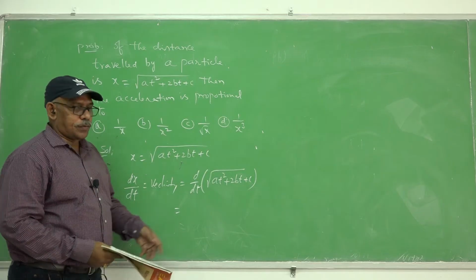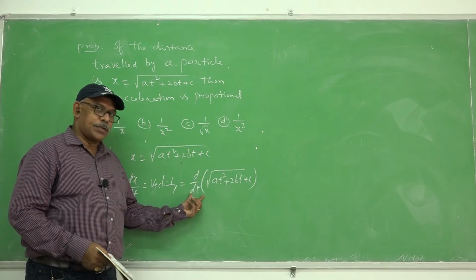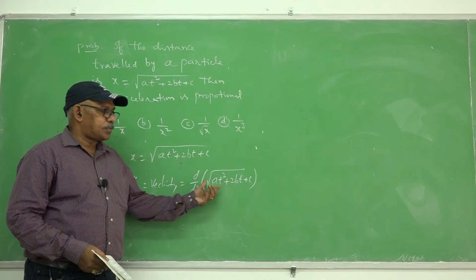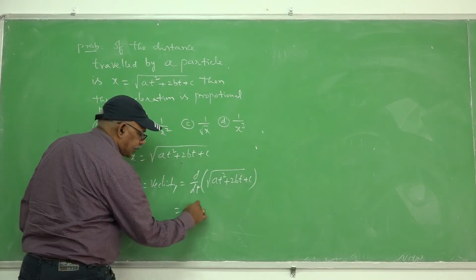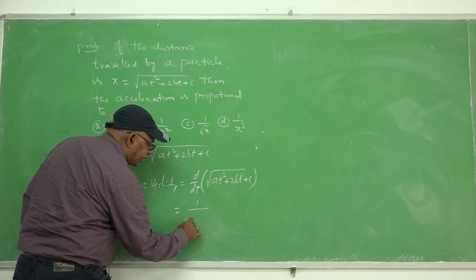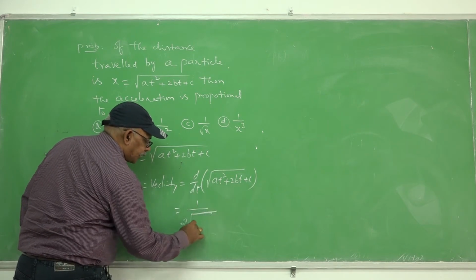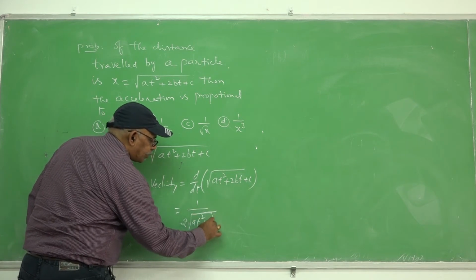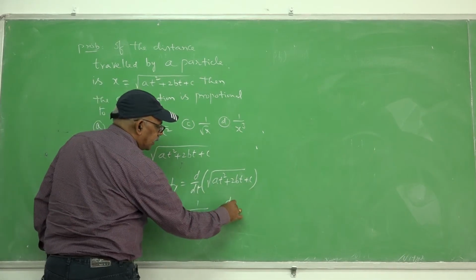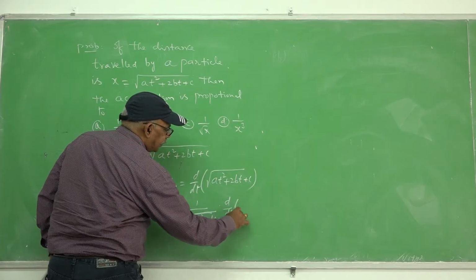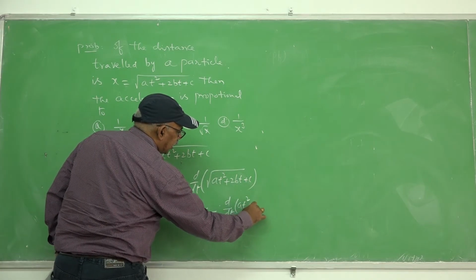Since it is a function of t and we are taking the derivative with respect to t itself, by the function of function rule, at first apply the derivative to the root function. For the root function, the derivative is 1 by 2 root of that function, into d by dt of the function which is under the root.